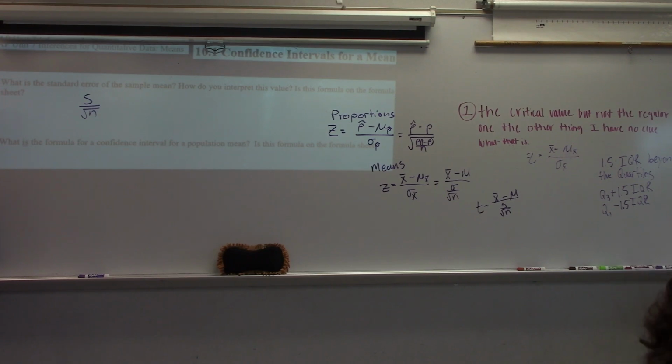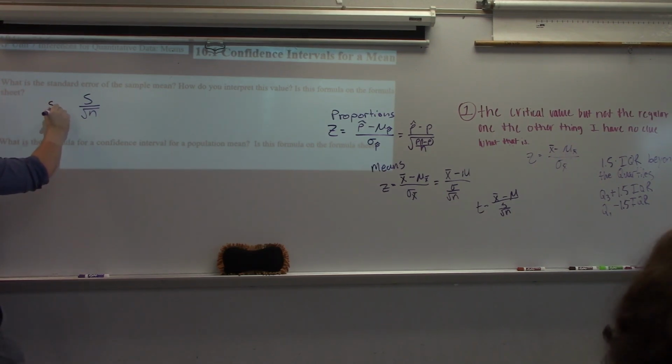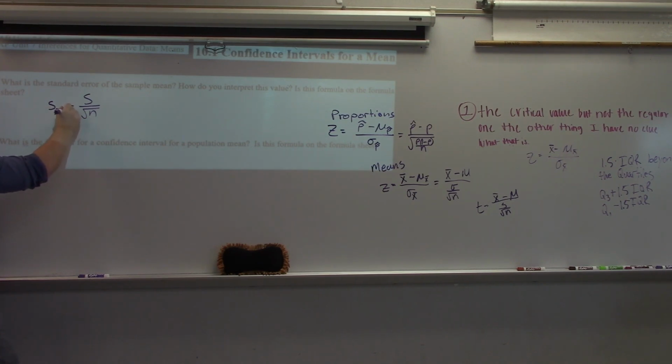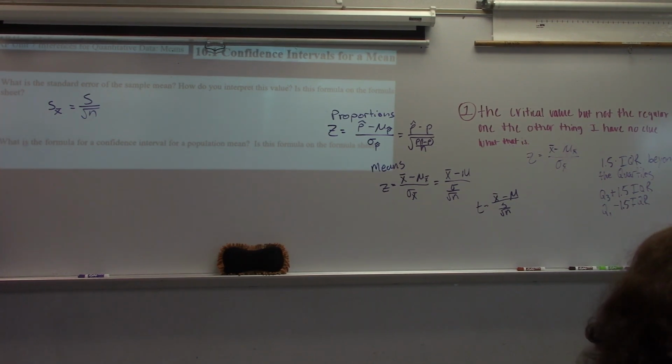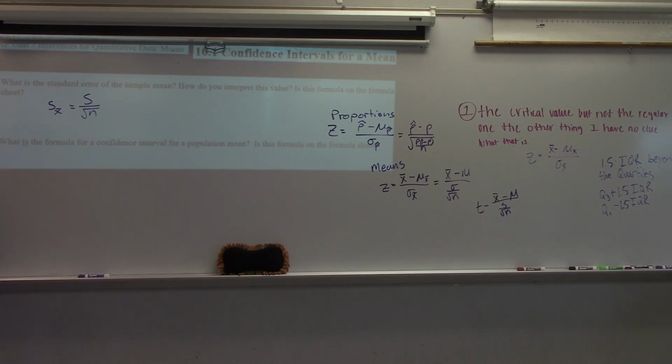This is S sub x bar, the sample standard deviation of the sample means. Remember, it's about a sampling distribution. A standard error is about a sampling distribution. And that's on the formula sheet.